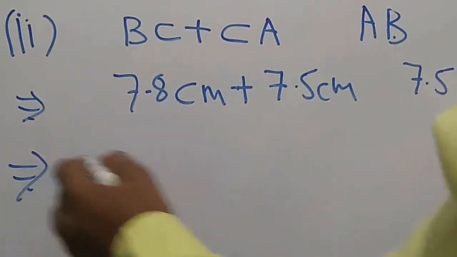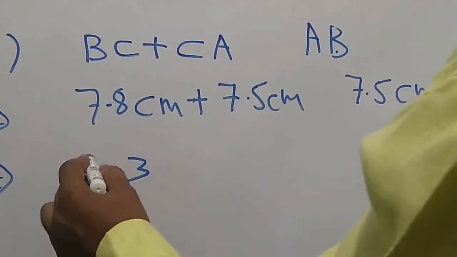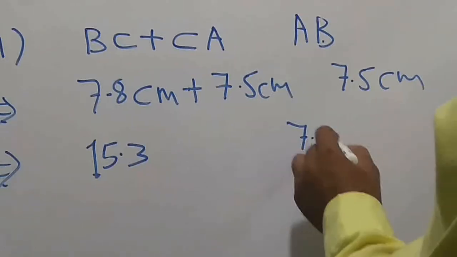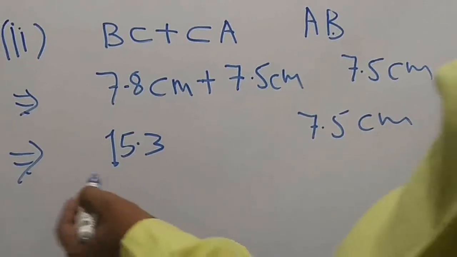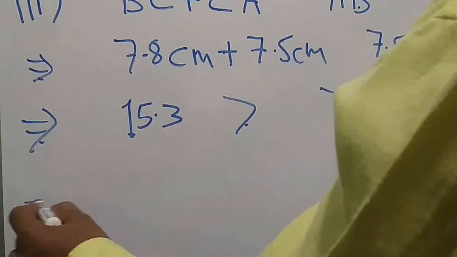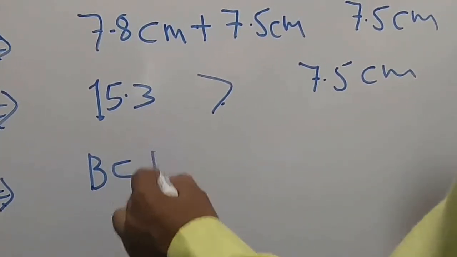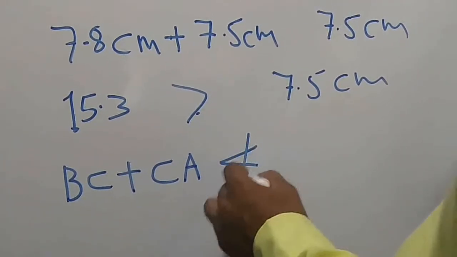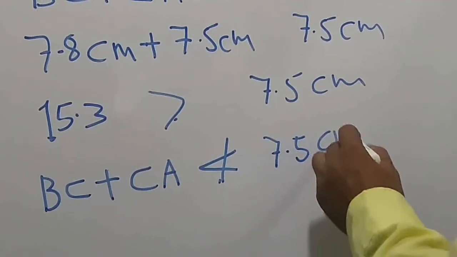It shows 8 plus 5 is 13, 3, 1 carry, 0.7 plus 0.7 is 14 and 1 is 15.3, and it is compared with 7.5 centimeter. We know 15.3 is greater. It means the condition is BC plus CA is not less than 7.5 centimeter.